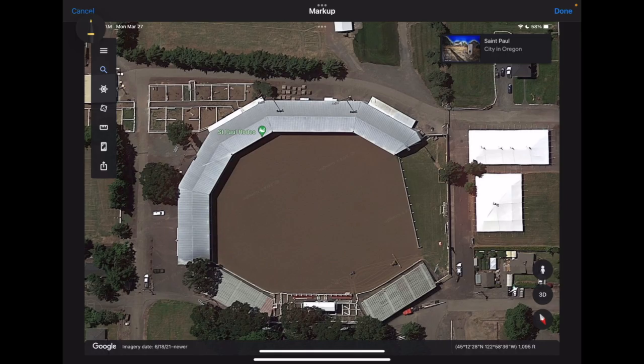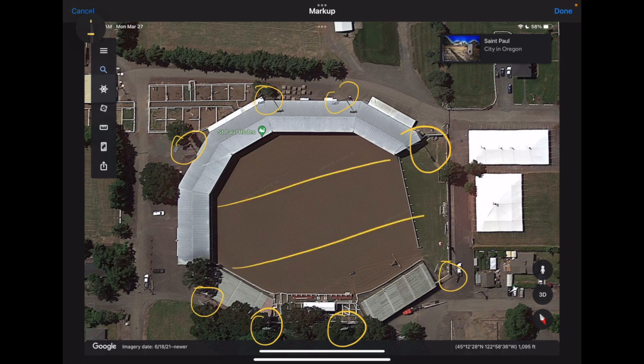This is the arena at St. Paul, Oregon. This is a very, very different kind of setup. The lights are on these poles that go kind of around everywhere. I think there's here, here, here, and here, right? What that does, this is a gigantic arena. Like this is a football field.